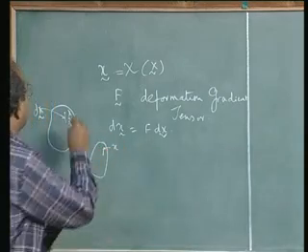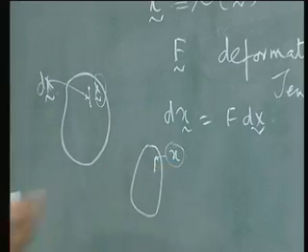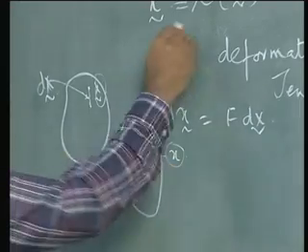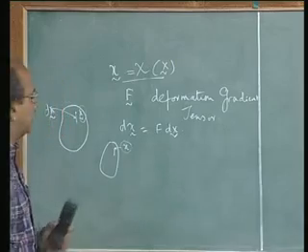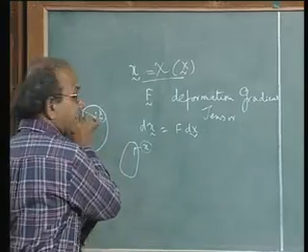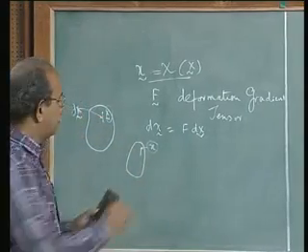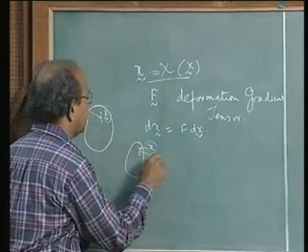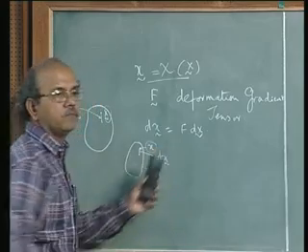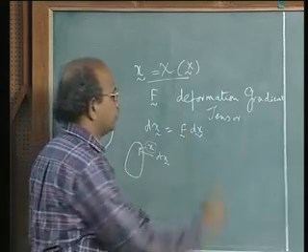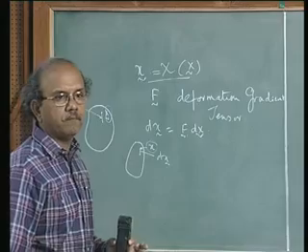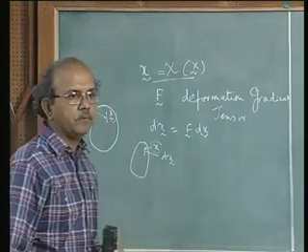The transformation of capital X to small x is this deformation mapping, and the one which gets us this vector d small x from d capital X is given by this deformation gradient F. Okay, this is what we saw.